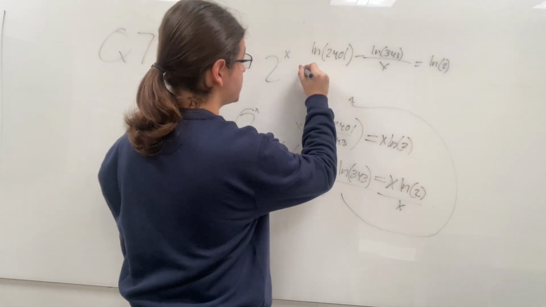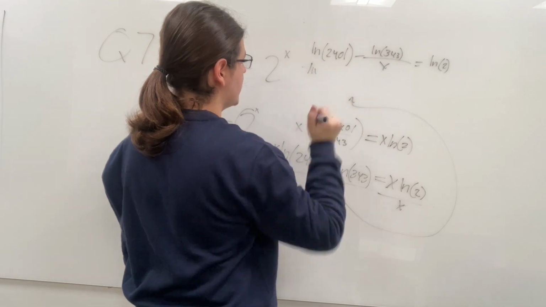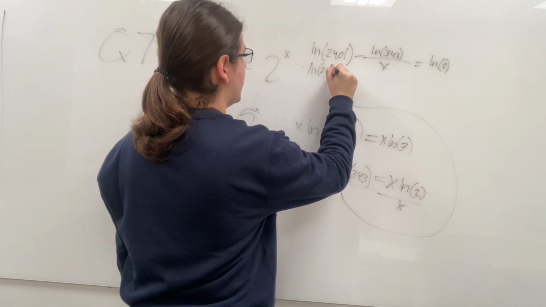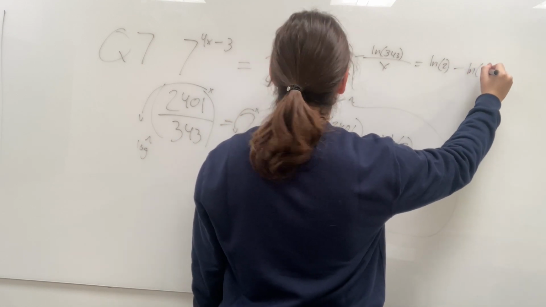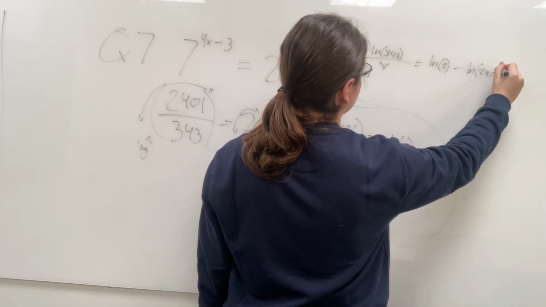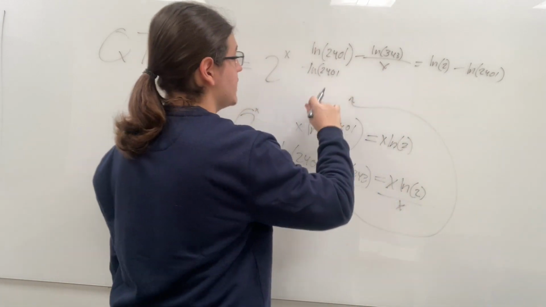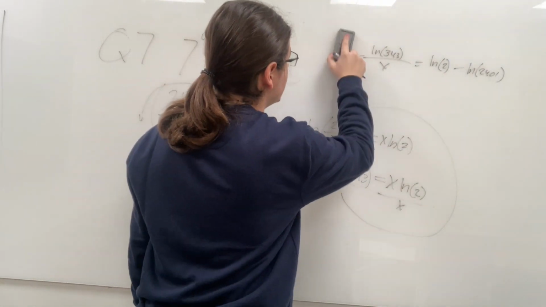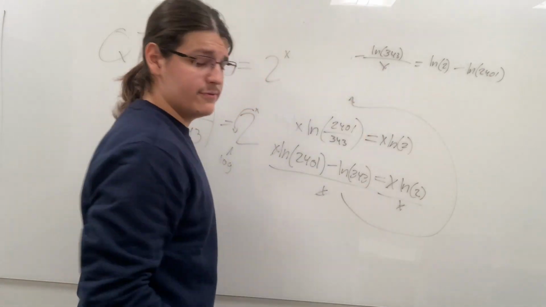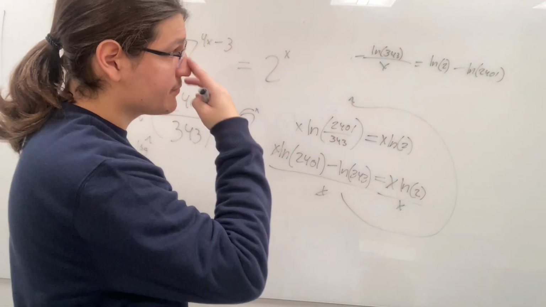Now I'm going to subtract ln 2,401 from both sides, running out of ink here. And then we are just left with negative ln 343 over x.